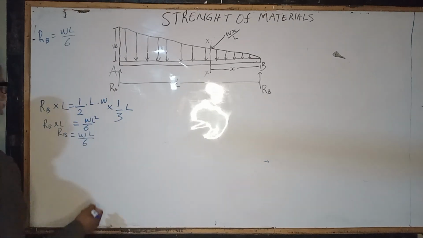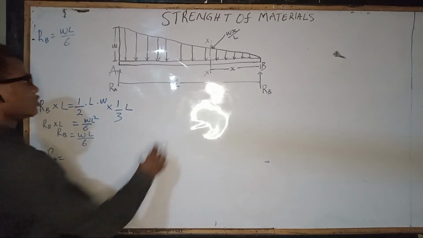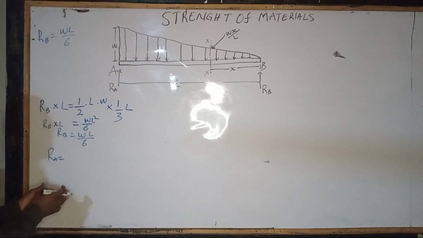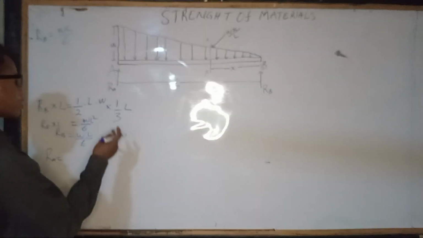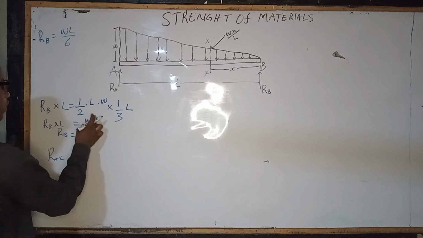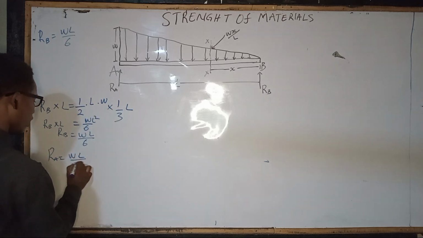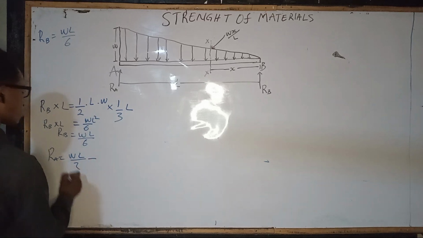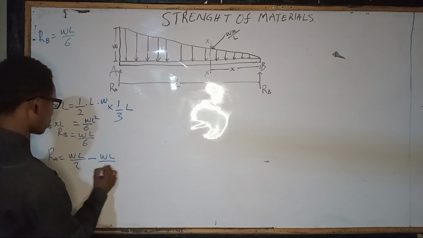And for our RA, we know that RA is equal to the total shearing force minus the reaction at B. The shearing force is half base times height, which is 1/2 times L times W. So we have WL over 2 minus our RB, which is WL over 6.